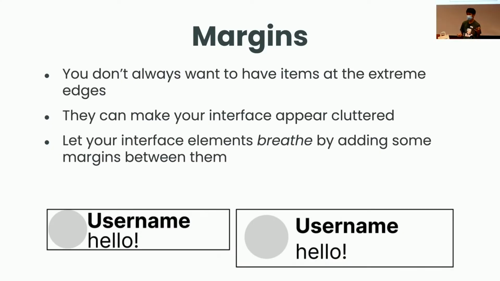So the first thing is that you want margins in that you don't want stuff to be right next to one another, because things will start to look very cramped if you have a bunch of items or you have very large density, like every single thing is next to one another. It doesn't actually make sense to the user because everything is super cramped and they don't know what to look at. So start to space things out and in a sense let your interface elements breathe.